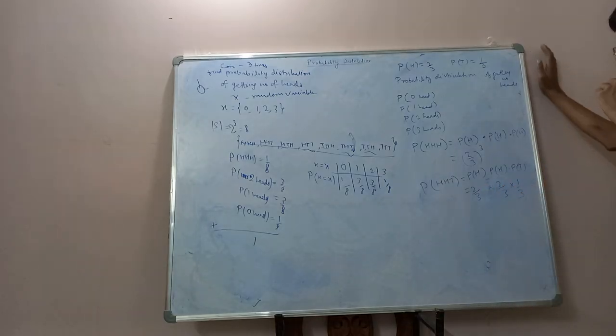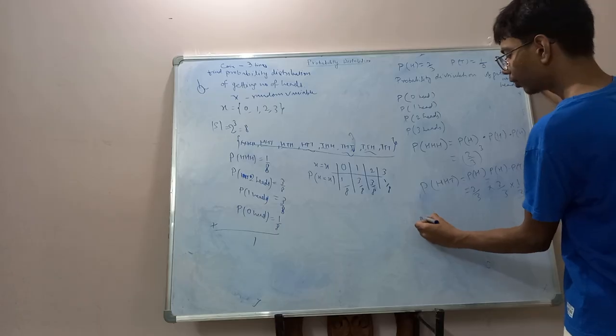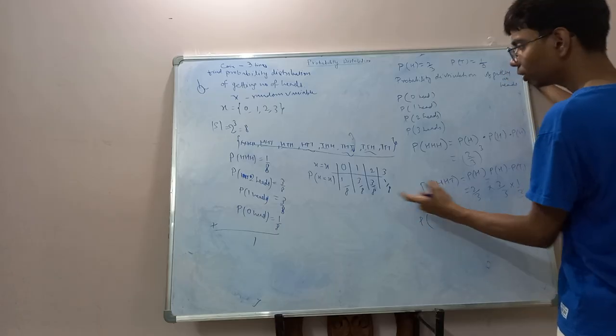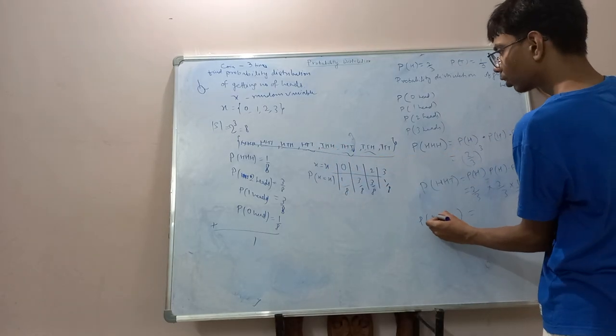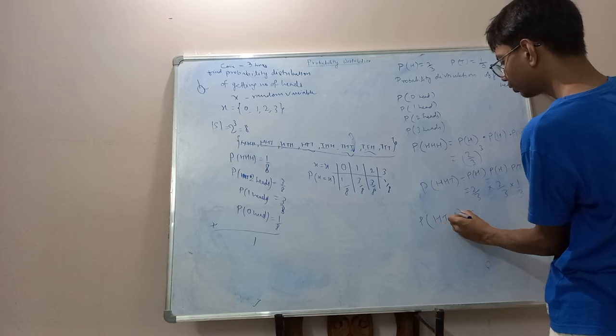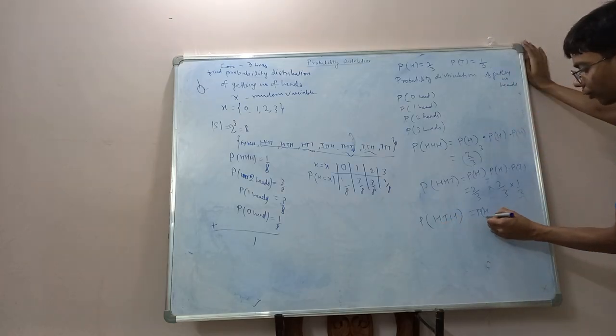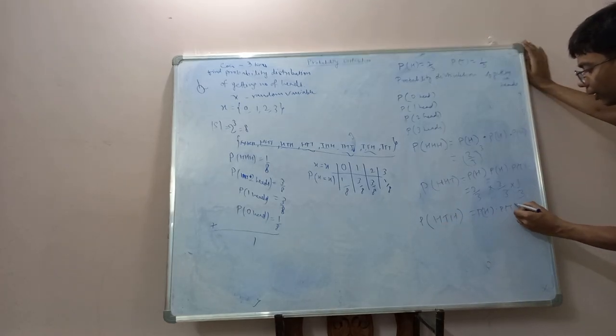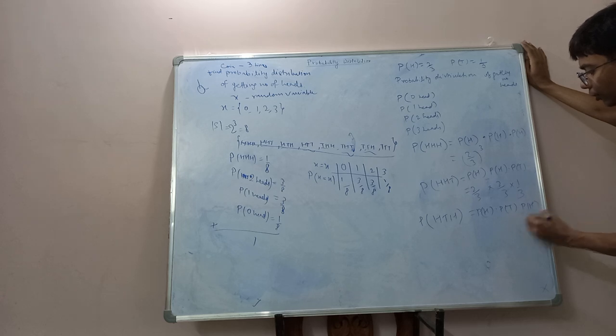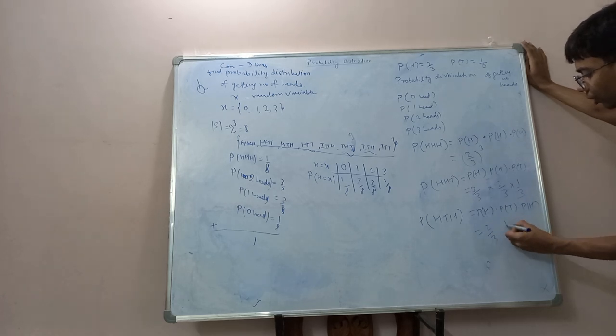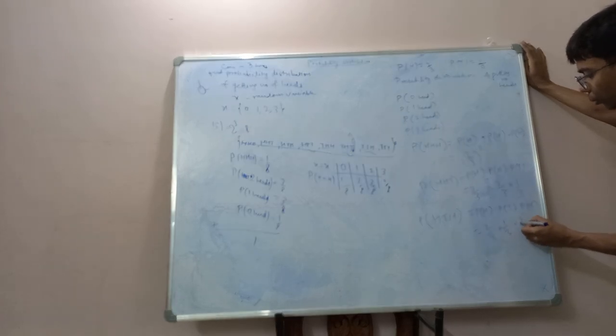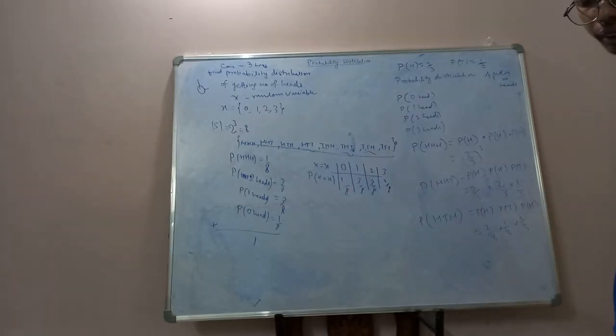Now I will find one by one for all of these. For head, tail, head, I will write probability of head multiplied by probability of tail multiplied by probability of head, which is 2 by 3, 1 by 3 into 2 by 3, which is 4 by 27.